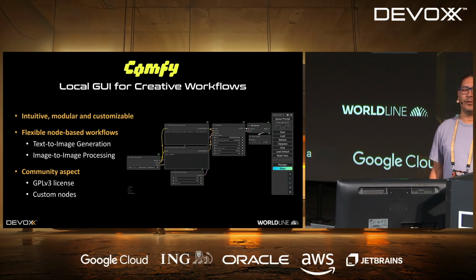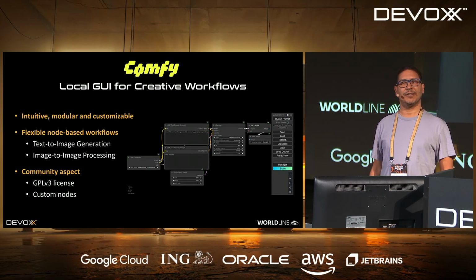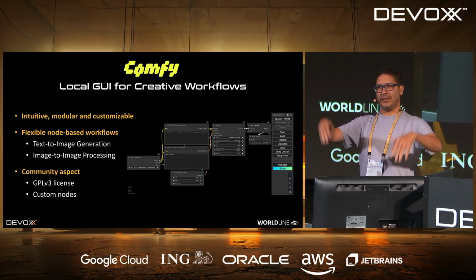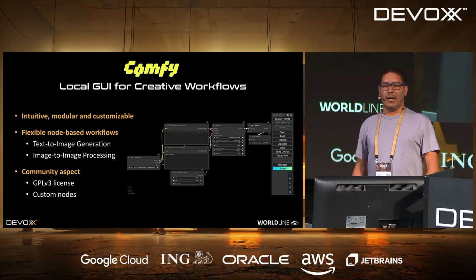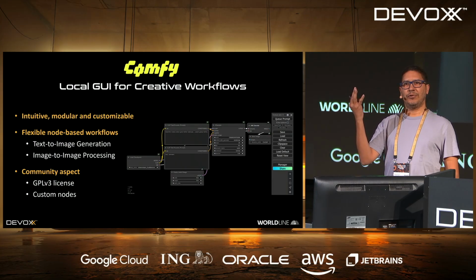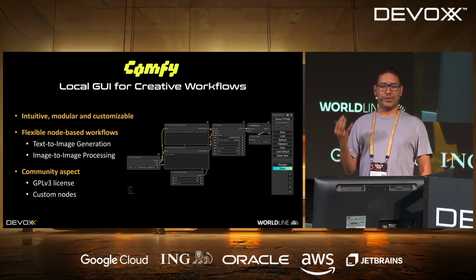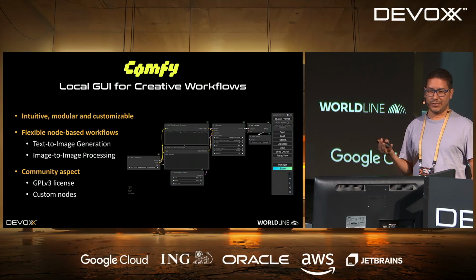I also selected Comfy. That is an open source tool this time, a GPL v3 license that you download and install on your PC. And it is very useful because it puts a UI in front of the workflow that you could build in Python to use Stable Diffusion. It's very intuitive, modular, very customizable.